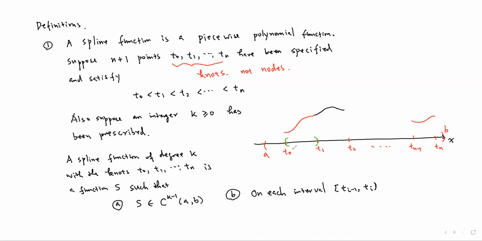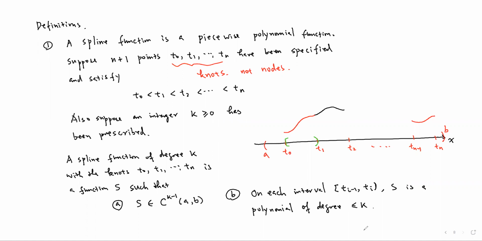On this interval, S is a polynomial of degree at most k, less than or equal to k.